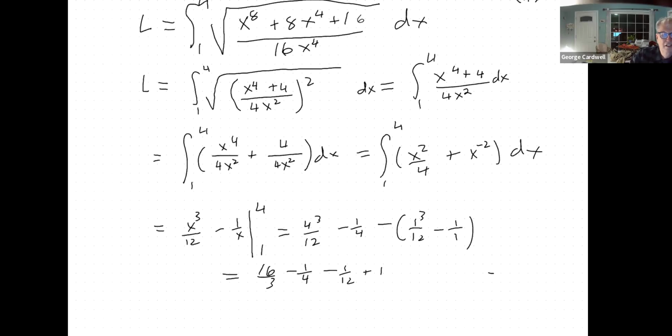Okay. So now the common denominator here is going to be 12. 3 goes into 12 4 times. 4 times 16 is 64. Right? 4 goes into 12 3 times. I get minus 3. Minus 1 over 12. And 1 is 12 over 12.